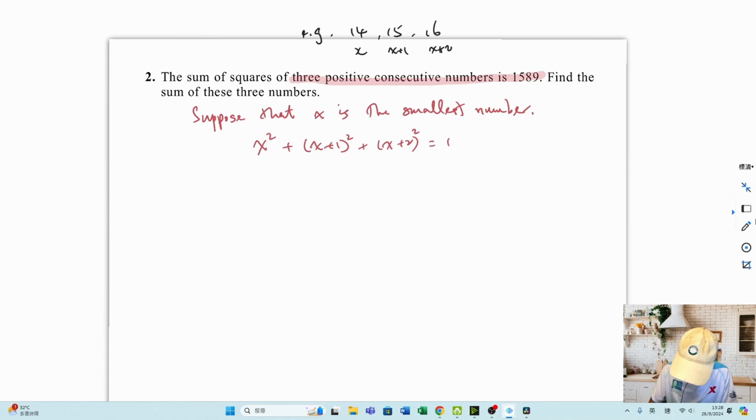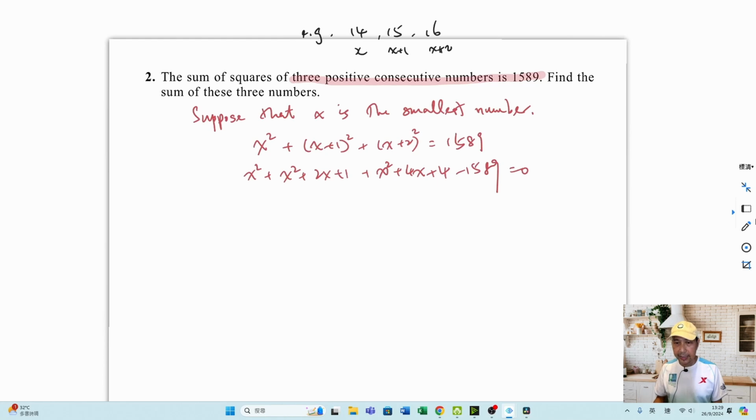And the result is 1589. Then we break the brackets, and then we simplify it: 3x squared plus 6x plus 5 minus 1589, which is negative 1584, equals 0.